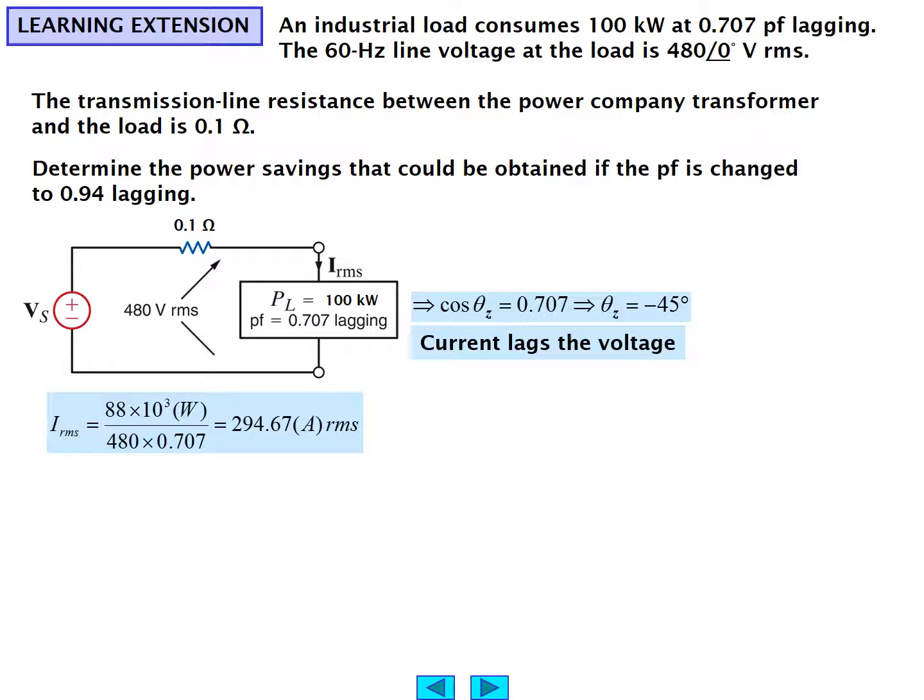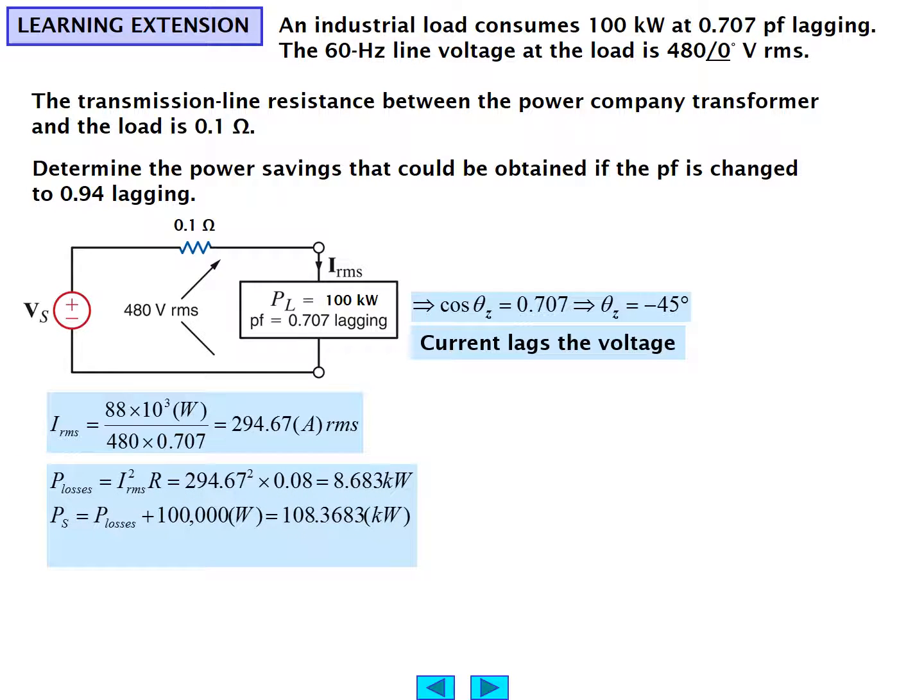This calculation is wrong because we do know that the P sub L is 100 kilowatts, not 88. So it should actually be 100 times 10 to the third upstairs, divided by 480 volts RMS times 0.707. The number, in fact, is right, 297.67 amperes RMS.